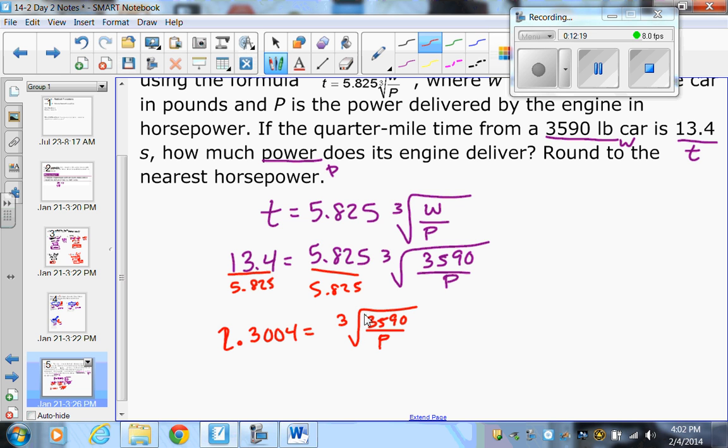Then since I'm trying to get rid of that cube root, I'm going to cube both sides. So 2.3004 cubed gives me 12.1733.